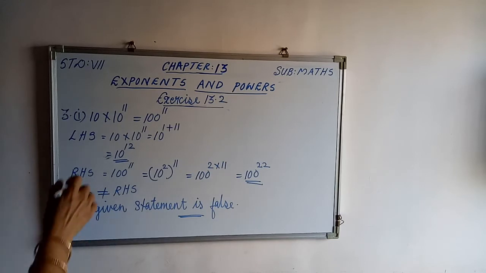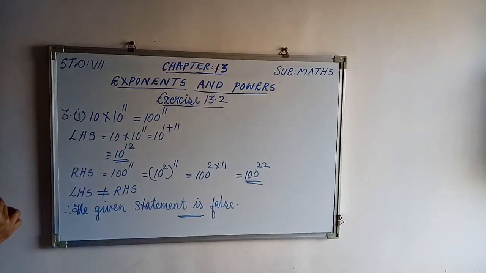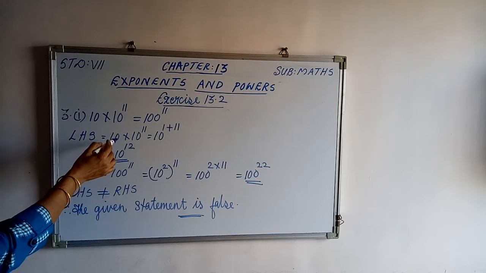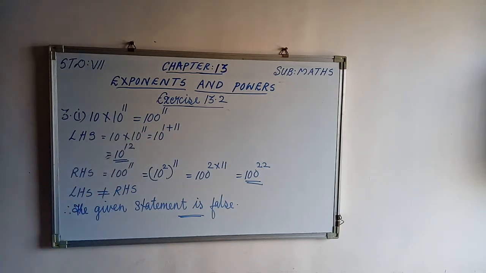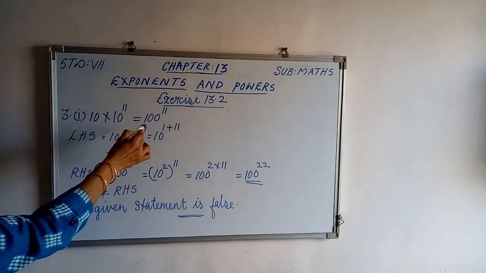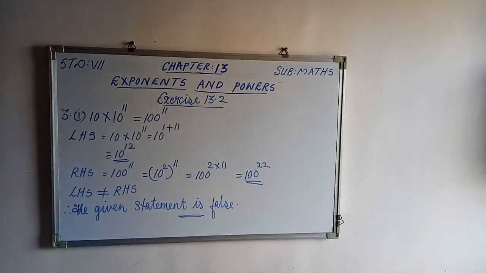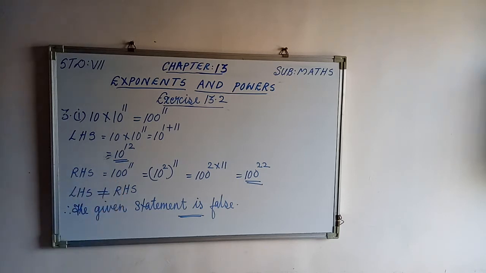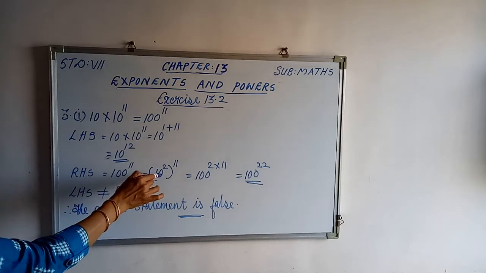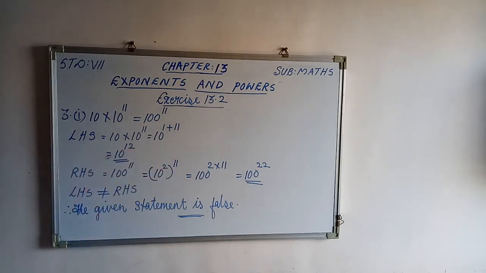10 multiplied by 10 raised to 11 can be written as 10 raised to the power 1 plus 11, we get 10 raised to the power 12. But RHS is 100 raised to the power 11. How can you write 100 in exponential form? It can be written as 10 squared. So in place of 100 we write 10 squared, then the whole raised to the power 11.